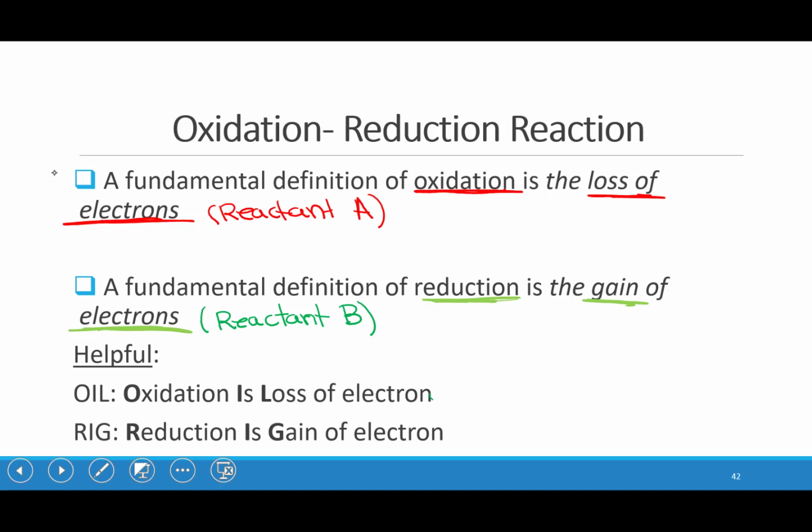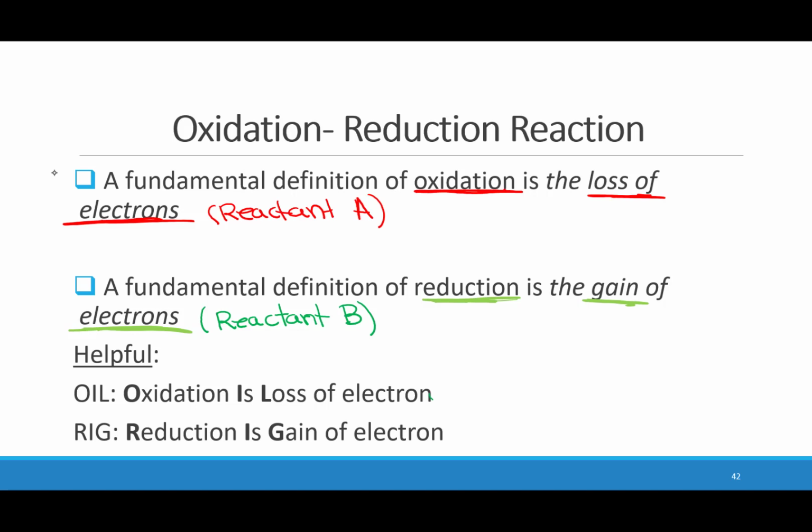When one of the reactants becomes oxidized, there should be another reactant becoming reduced. We cannot have two oxidations or two reductions. Always one of the reactants is being oxidized, the other one is being reduced, and vice versa.